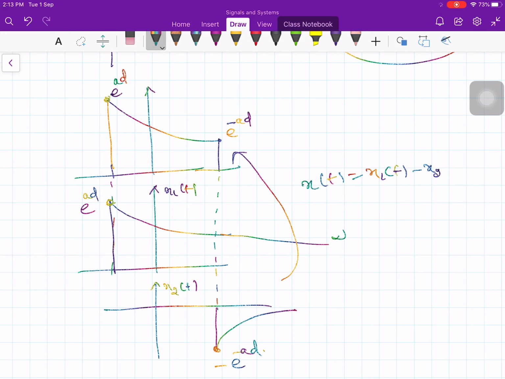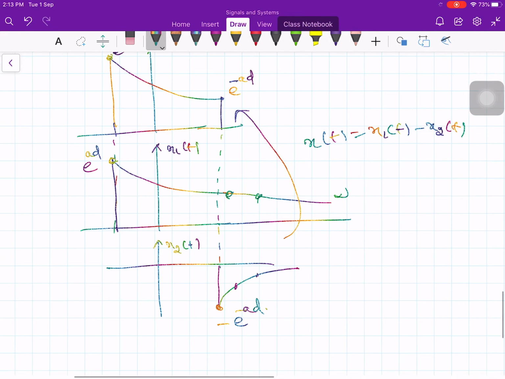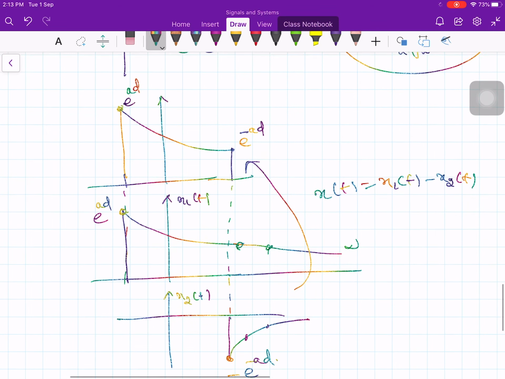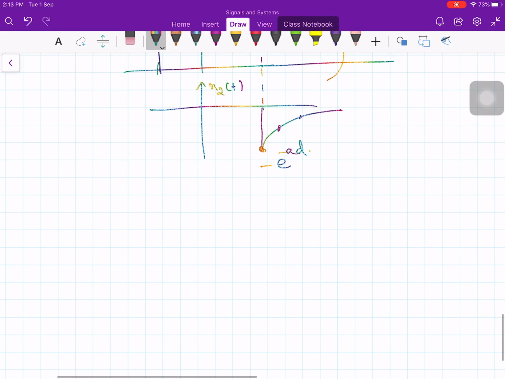Then what happens? This part and this part, this part and this part both will get cancelled with each other. Okay. So therefore you will get x of t. Therefore x of t is equal to x1 of t minus x2 of t. I mean plus, because it's already minus, so therefore this is plus.